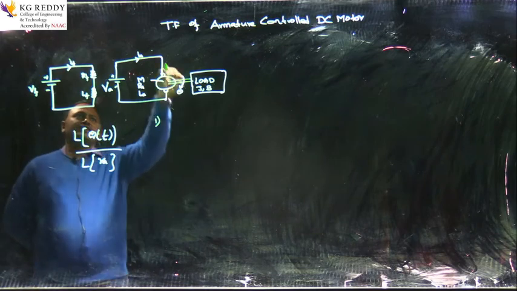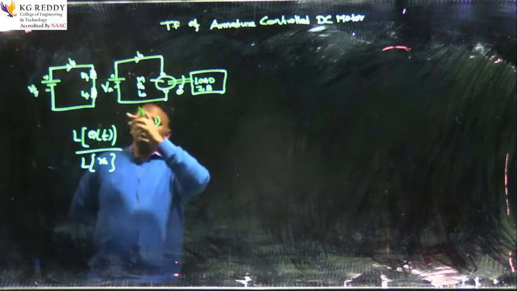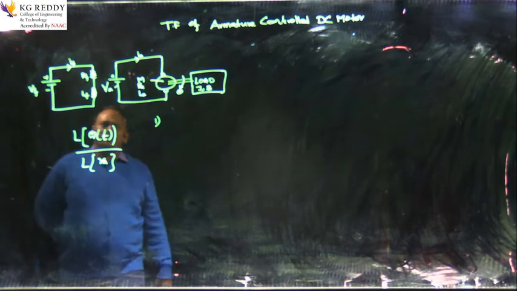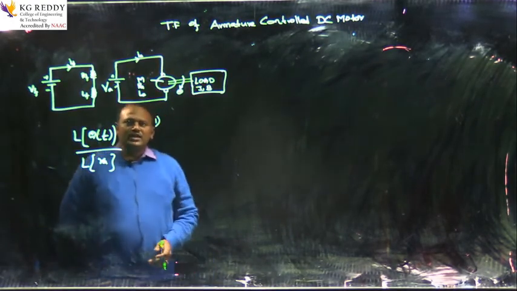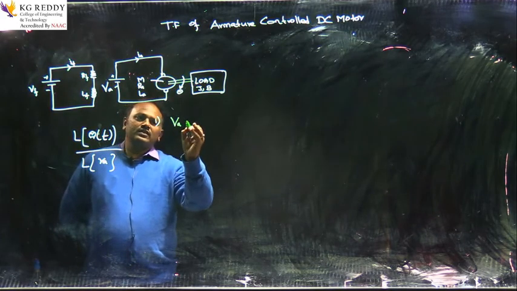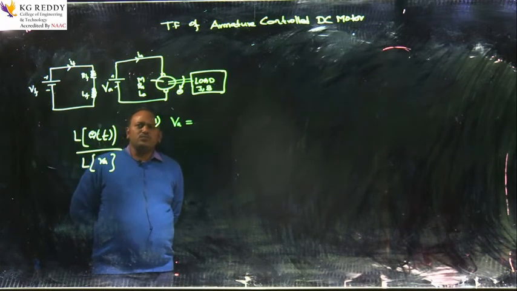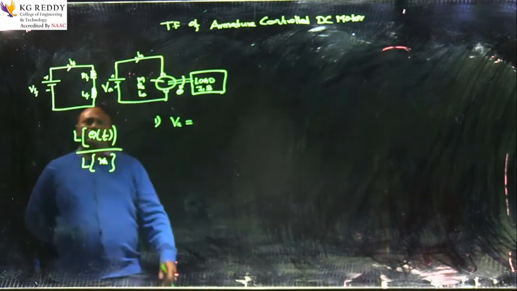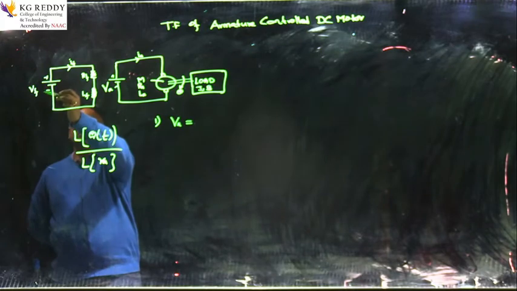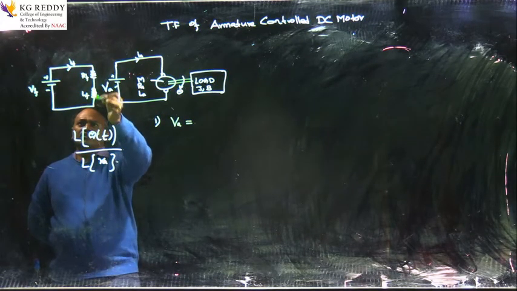The armature circuit comes under the electrical system. The characteristic equation of the electrical system is simply obtained by applying KVL. What KVL says is the applied voltage is equal to the sum of voltage drops. Here Vf is the field voltage, Rf is the field resistance, Lf is the field inductance.